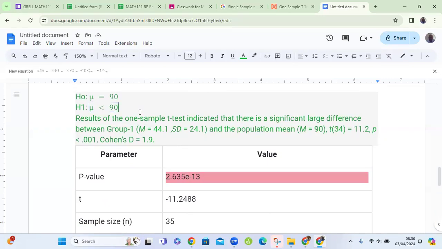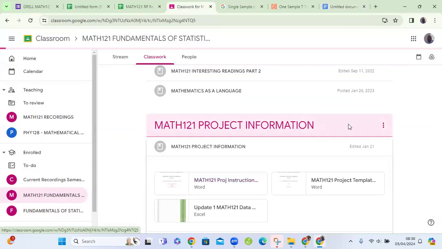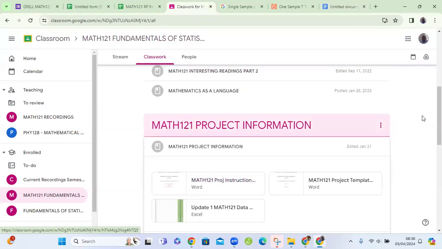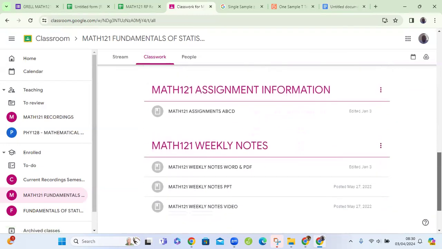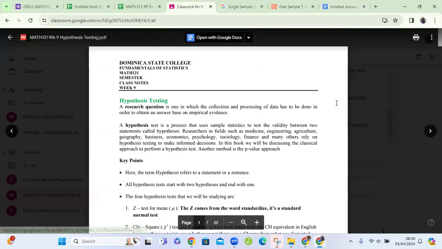So therefore, now that decision criteria, let us revise where we got that from. Let's go to unit 9 in the course site. Weekly notes number 9, hypothesis testing.